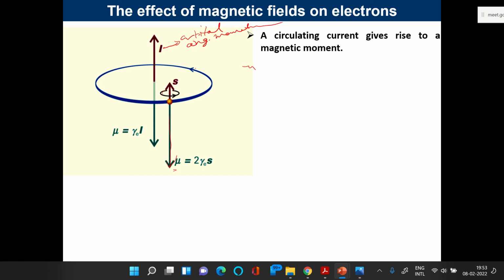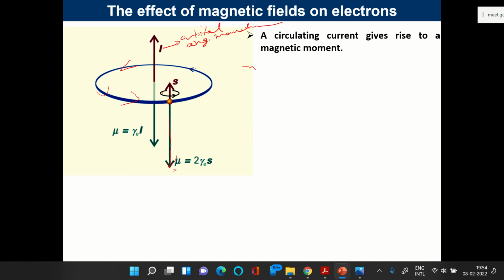Curl your fingers along the line indicated, and your thumb will be pointing up. The green line is the magnetic moment generated due to orbital motion, and this is also pointing in the opposite direction.